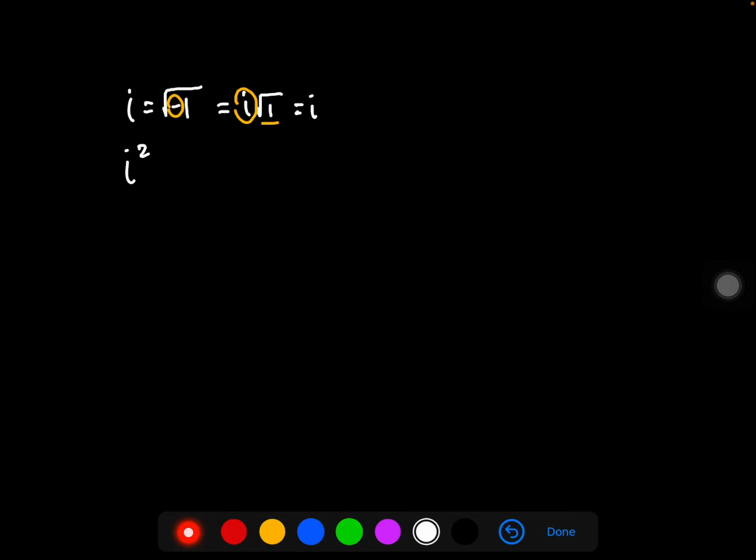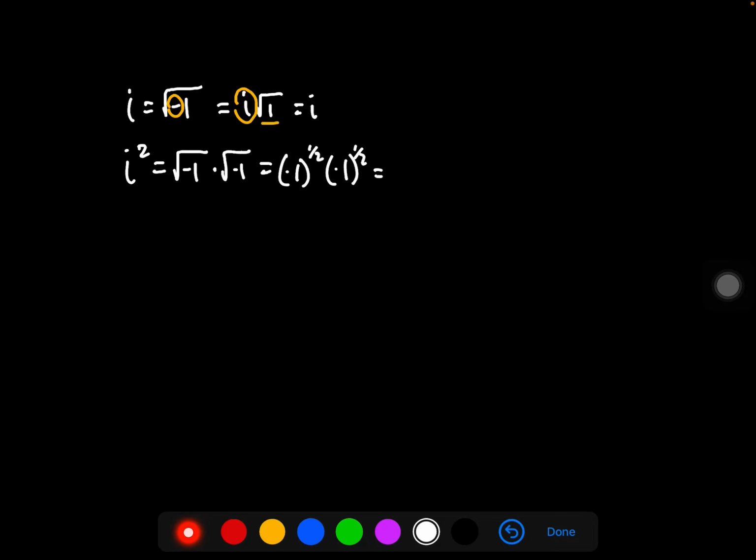and so we get i squared. i behaves differently than regular square roots. Well, sort of. If i is the square root of -1, then i squared is the square root of -1 times the square root of -1. Any number in a square root multiplied by that same number in the square root is the same as if we had exponents of 1/2.